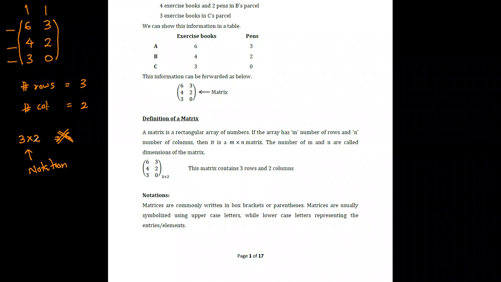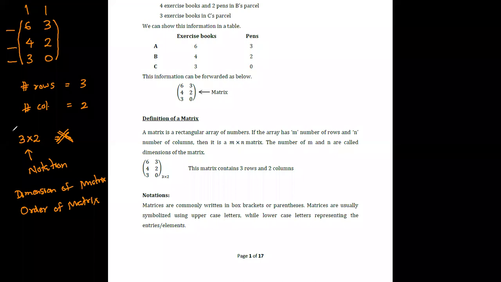If you see this notation, we know that it stands for the dimension of the matrix, or in other words, the order of the matrix. We can say it is either the dimension of the matrix or the order of the matrix.